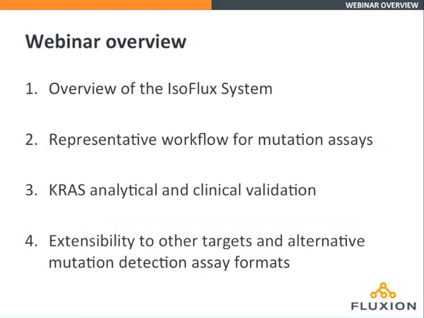In particular, we looked at point mutations of the KRAS genes, and we'll present some analytical as well as clinical validation of this assay. Finally, we're going to talk about the extensibility to other genes, other targets, and some alternative approaches for looking at mutation detection.